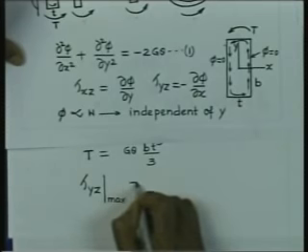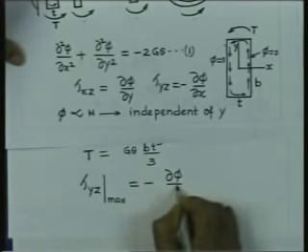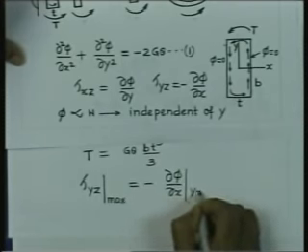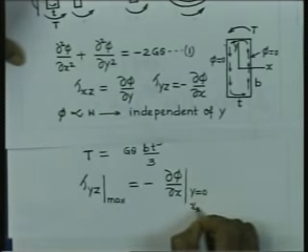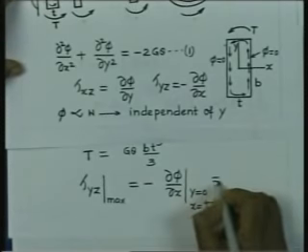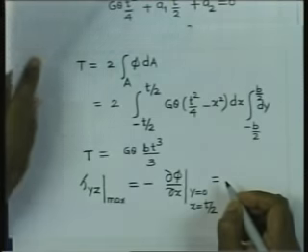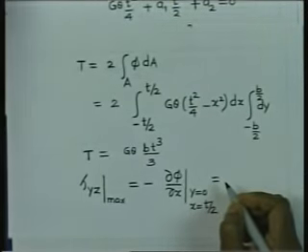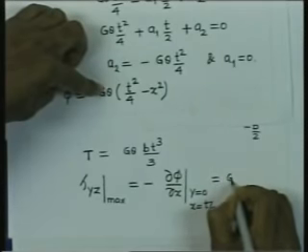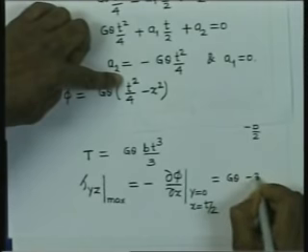So, tau yz is nothing but delta phi delta x at the point y equal to 0, x equal to t by 2. Since our form of phi is already known, it is g theta into minus 2x.